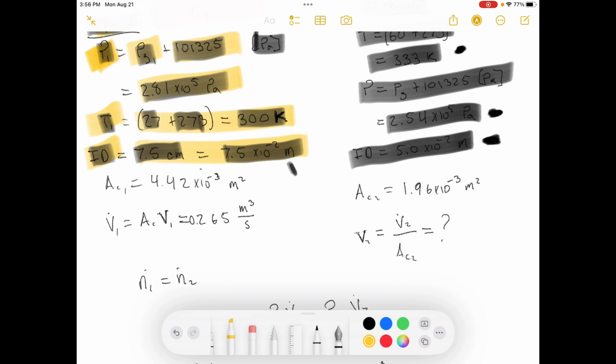Here's an important characteristic. We've got a pipe, and we have stuff flowing through the pipe. If this is the cross-sectional area of the pipe, and you wanted a volumetric flow rate, you would take that cross-section and multiply by the velocity moving through it.